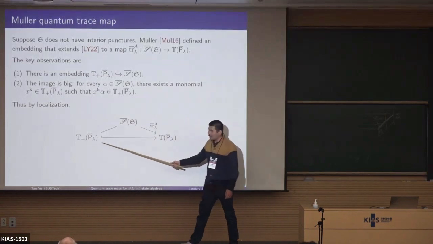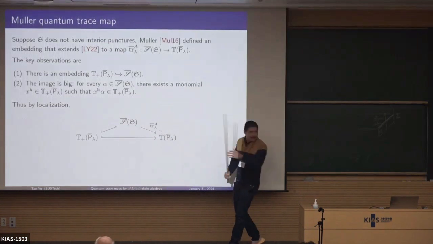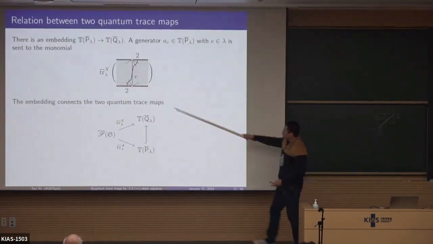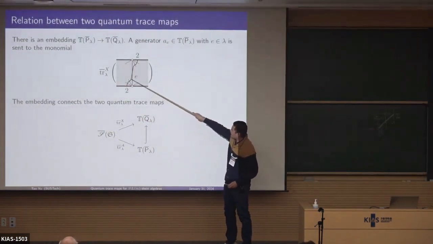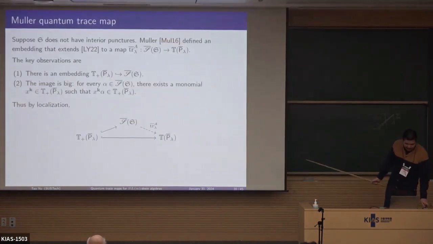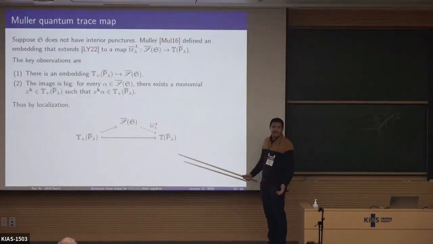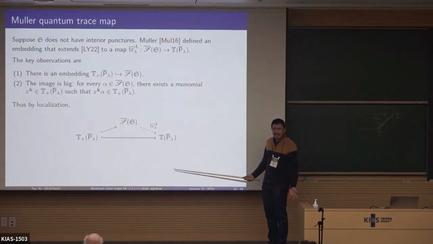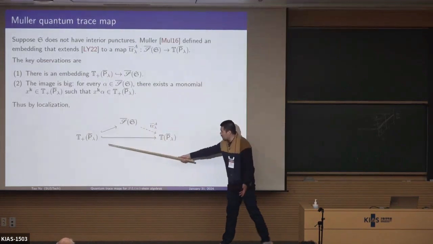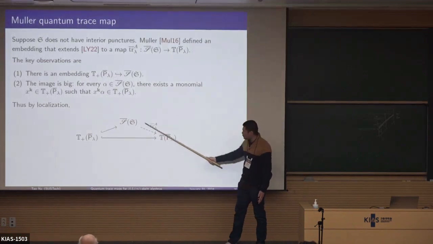We can actually identify a copy of this quantum space inside the reduced skein algebra, and actually, for an edge E here, I can just take this arc, and it will turn out that they generate a subalgebra inside the reduced skein algebra that has the correct q-commutation relation. The issue is these arcs don't actually have inverses in the stated skein algebra. But what we can do is simply localize this embedding, and then we will get the entire quantum torus.